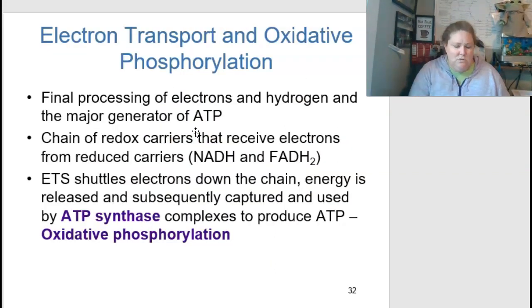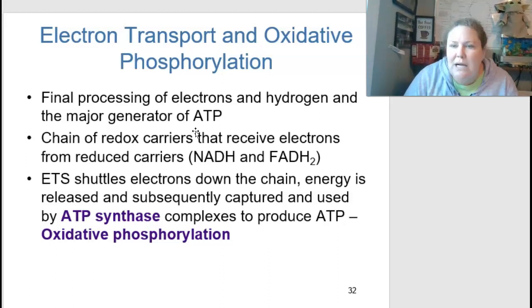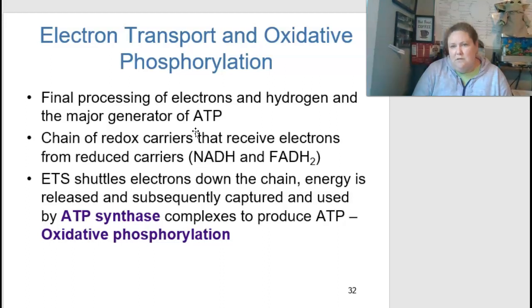So then moving on to the final big boy, the electron transport chain and OXPHOS, or oxidative phosphorylation. The final processing of electrons and hydrogens and the major generation of ATP happens in the electron transport chain. That chain of redox carriers receives electrons from the reduced carriers, again NADH and FADH2, and shuttles the electrons down the chain, and energy is released and subsequently captured and used by ATP synthase.